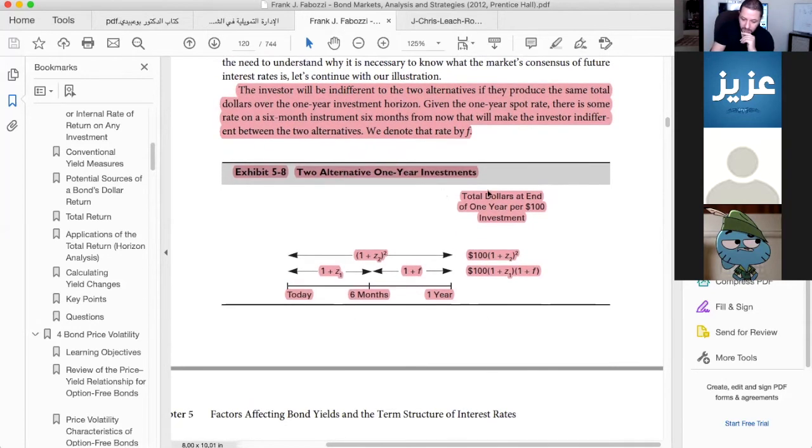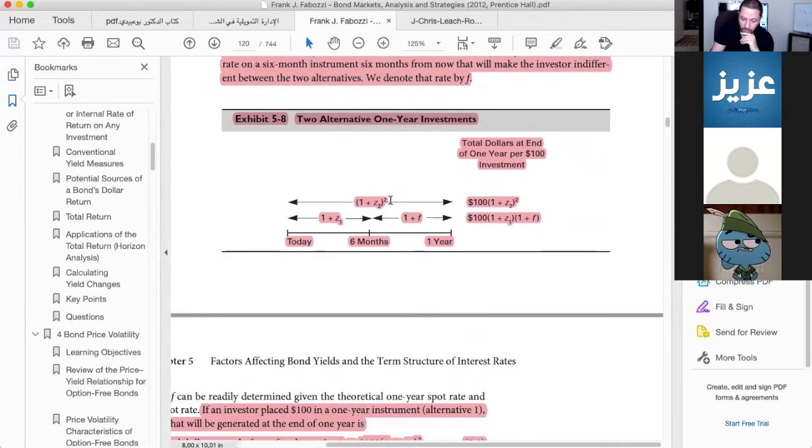So total dollars, this is the exhibit 5.8, which illustrates the two alternatives for 1 year investment. So this is the first one, see? We use the Z2 for the first one, since we have agreed that all our debt securities are semi-annual coupon payments.